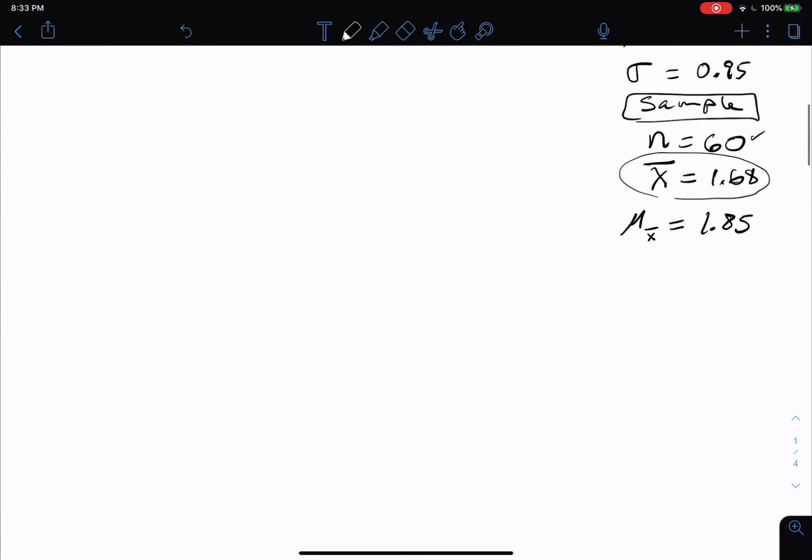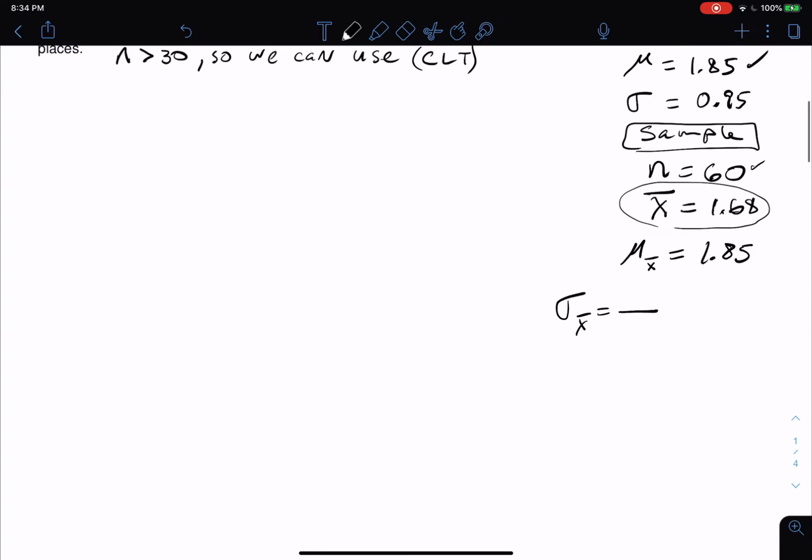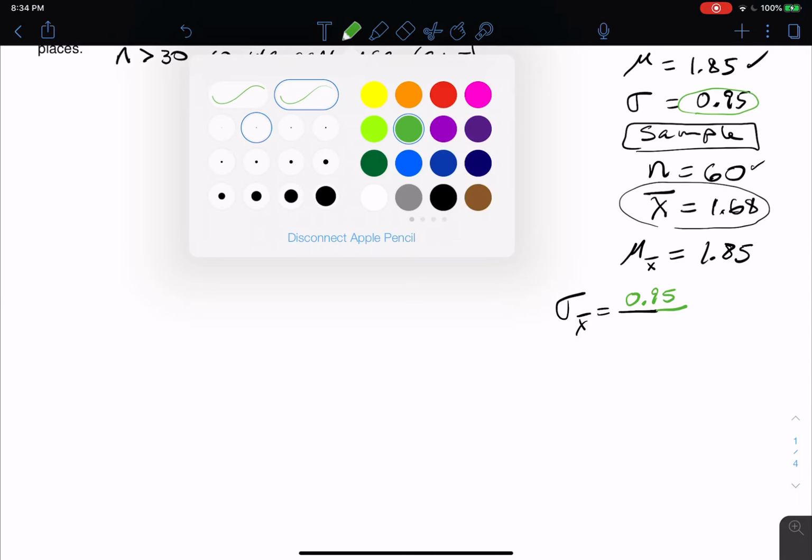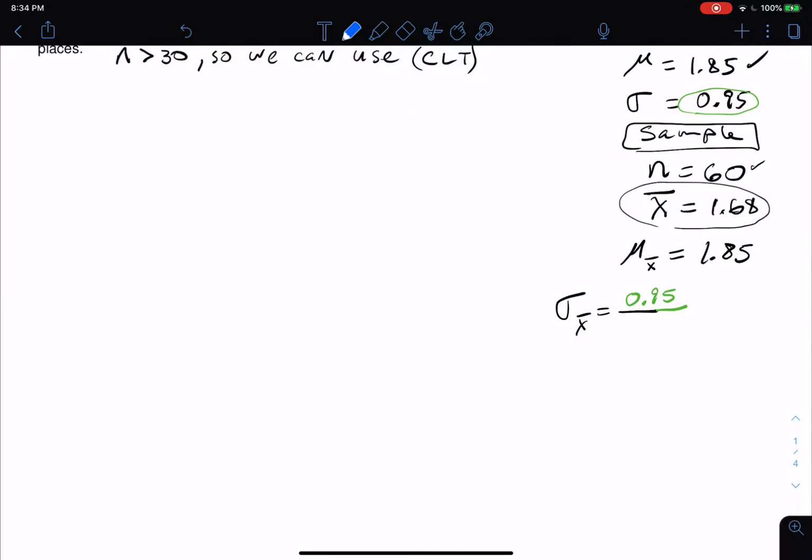So we go up here and we've got the standard deviation of the sample means. Because we're using the central limit theorem, it is going to be the standard deviation, and we might as well use a little color for that. The standard deviation is right there, 0.95, and that is all over the square root of the sample size.